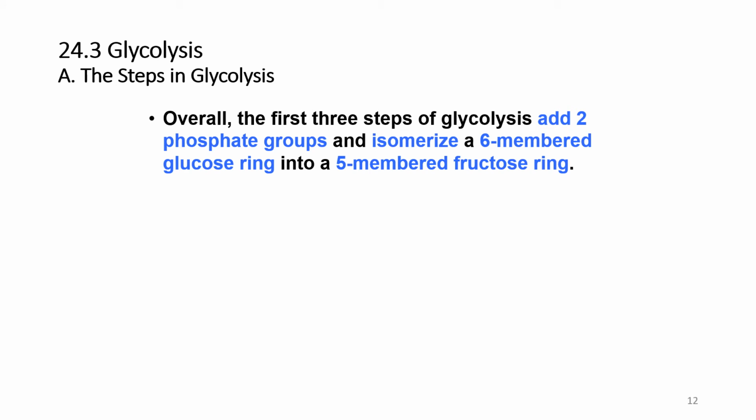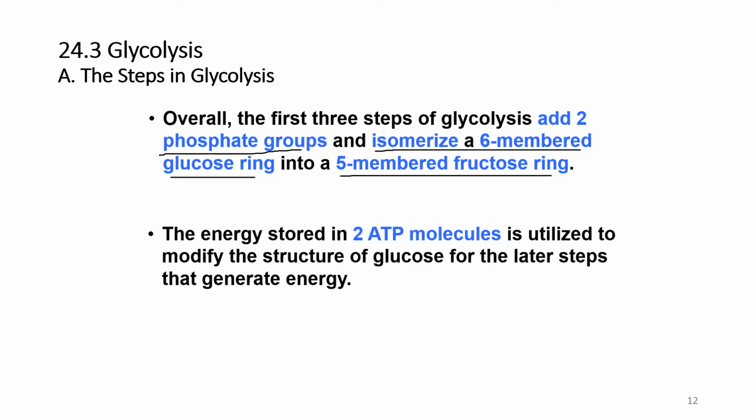And the first 3 steps are to add the 2 phosphate groups, isomerize a 6-membered ring, glucose, to a 5-membered fructose ring. So remember, with that isomerization, we limit that ring to 5 carbons.